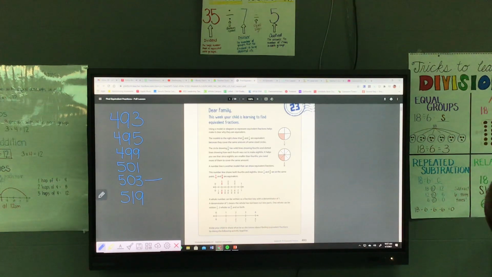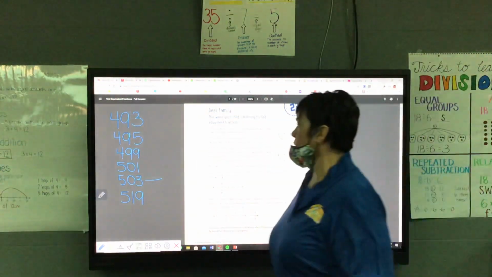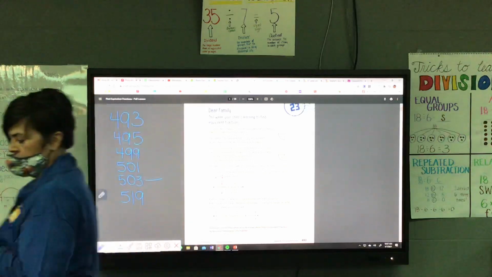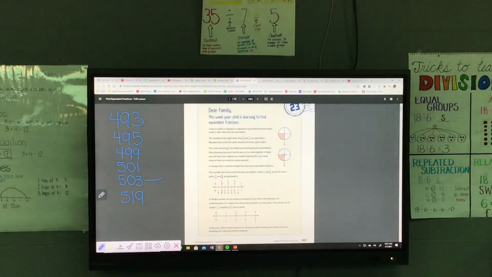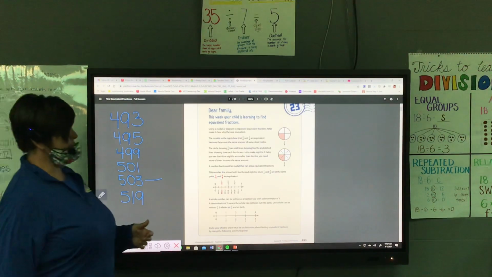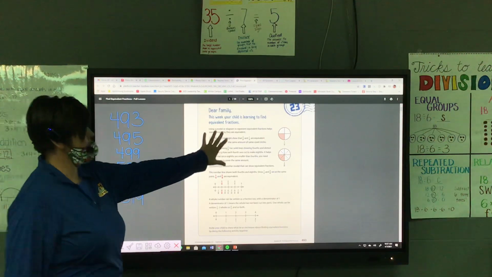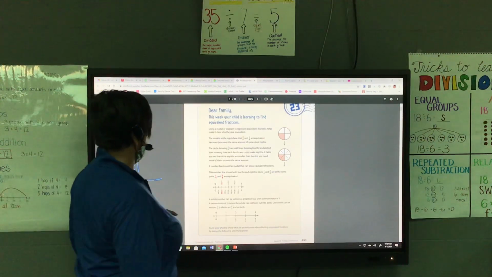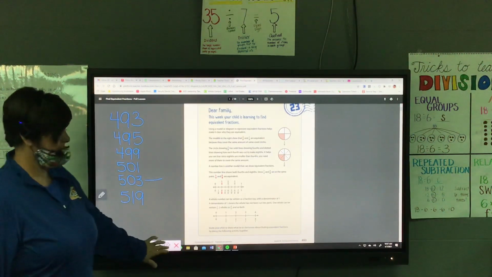You must have torn it out already. That's okay. Now, we're actually going to start working on 495 because this is the one that goes home. Okay?